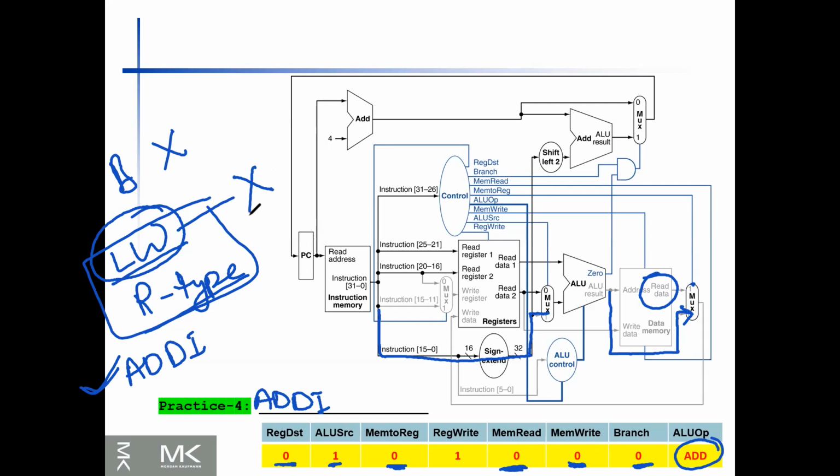Yes. Because in load word, we have to read the memory, correct? And we are not. Register write. Are we writing the register? Yes. And where we write the register in case of R type, which is add immediate. So this is add immediate. Clear? Okay, we don't need to write further.